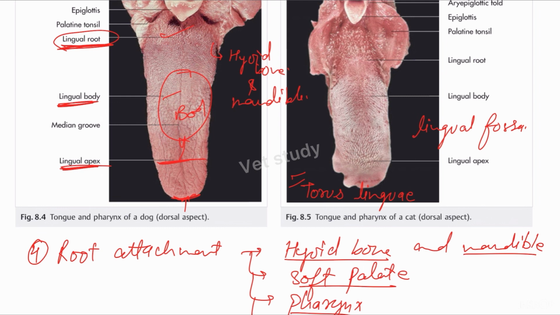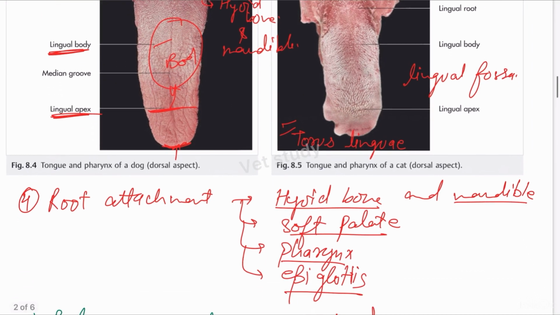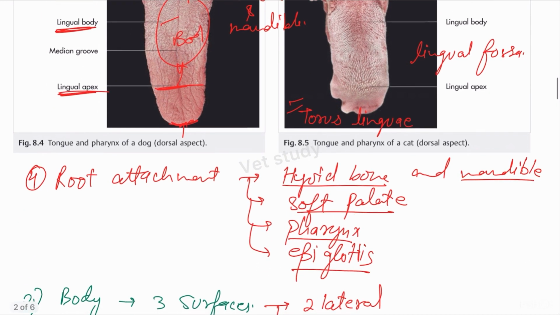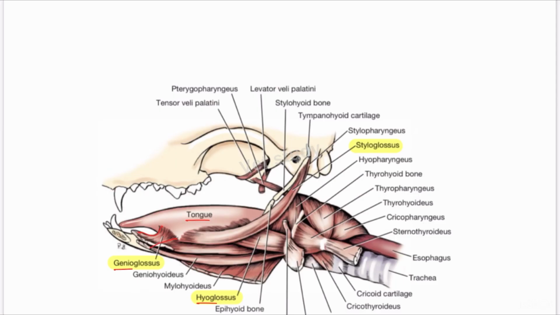Now let's discuss the composition. How is the tongue composed, what are the things which make up the tongue? There are five main things which we have to study in the tongue composition. The first is the mucous membrane. Note it down if you want. The second is the muscles.